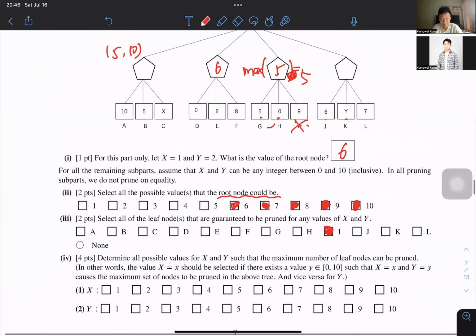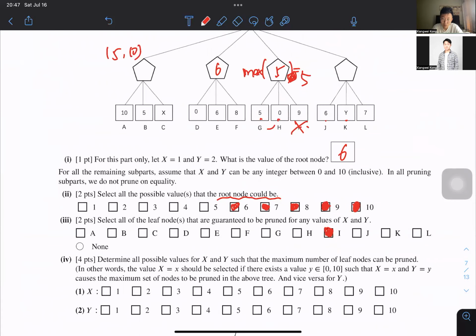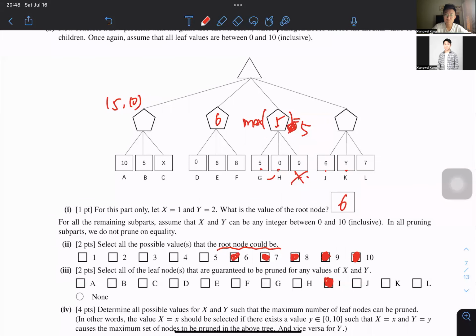So we want the maximum number of nodes to be pruned. For these three, we cannot prune them because we need to determine the value for this medianer.